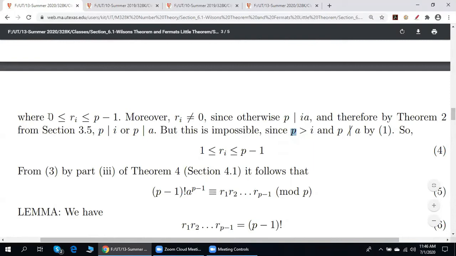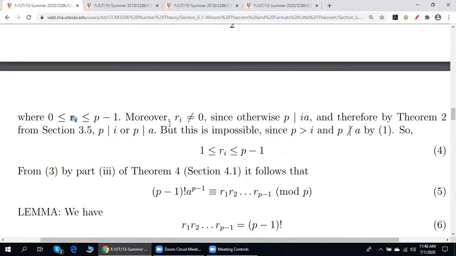So, over here it's written Ri is greater or equal to 0, lesser or equal to P minus 1. But since Ri is not equal to 0, Ri is greater or equal to 1 and lesser or equal to P minus 1.